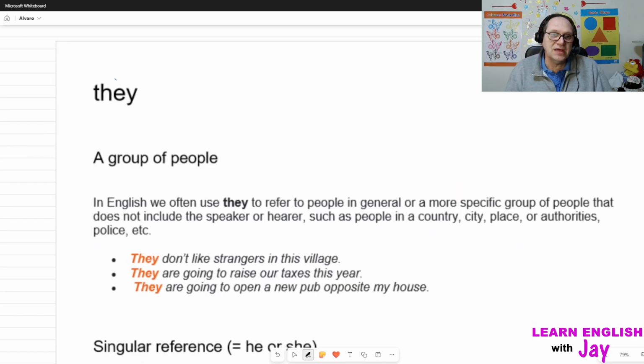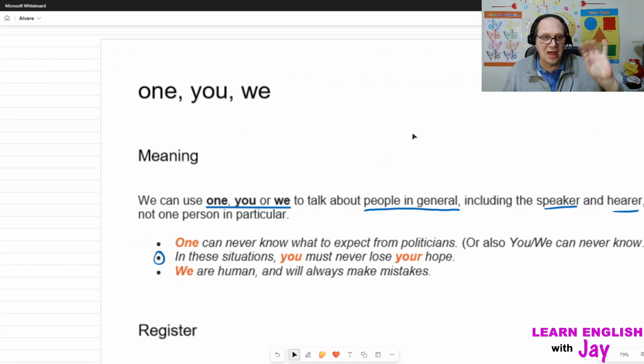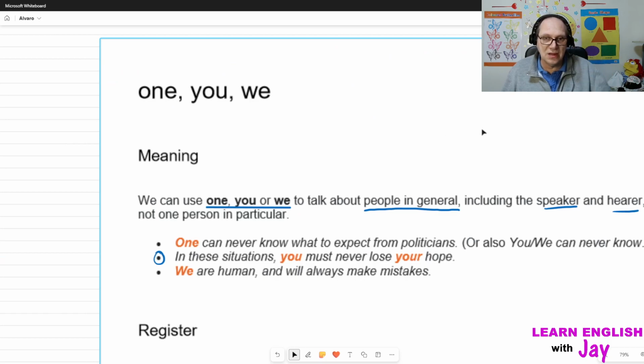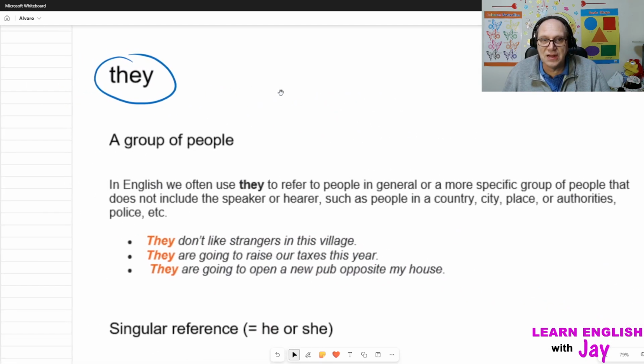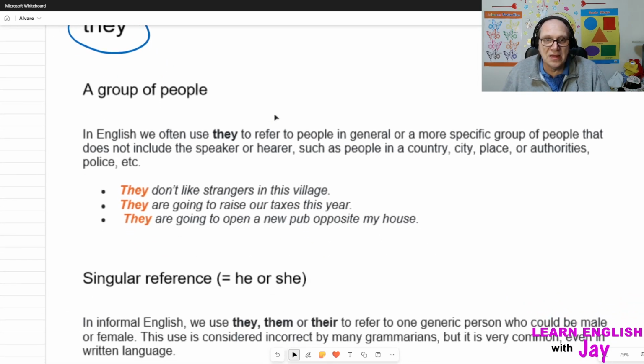Then, of course, we have another generic pronoun called they. We had a look now at one, you, and we, and now we're going to have a look at the generic pronoun they. Now, they is normally used when we are talking about a group of people.